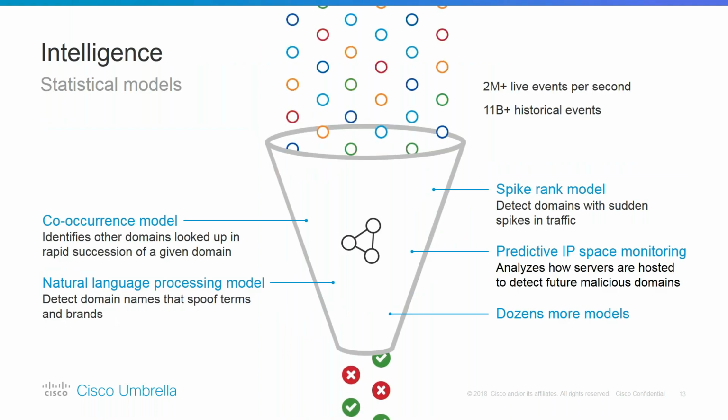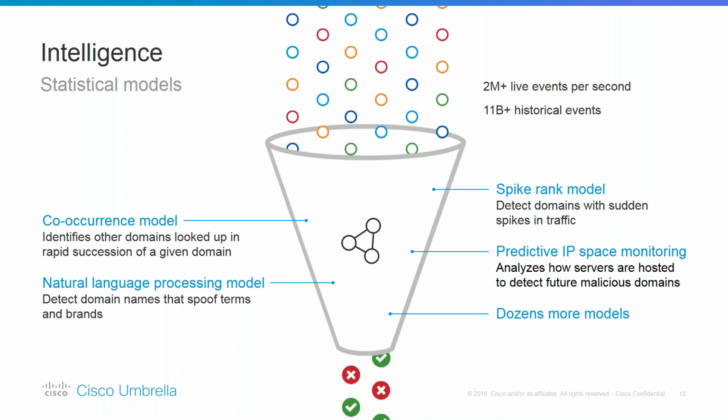You see co-occurrence. So when you look up a website, does it go and look for loads of other sites or call other sites in very quick succession? Are the domain names being spoofed? A spike rank model looks for usual patterns of traffic to particular servers.